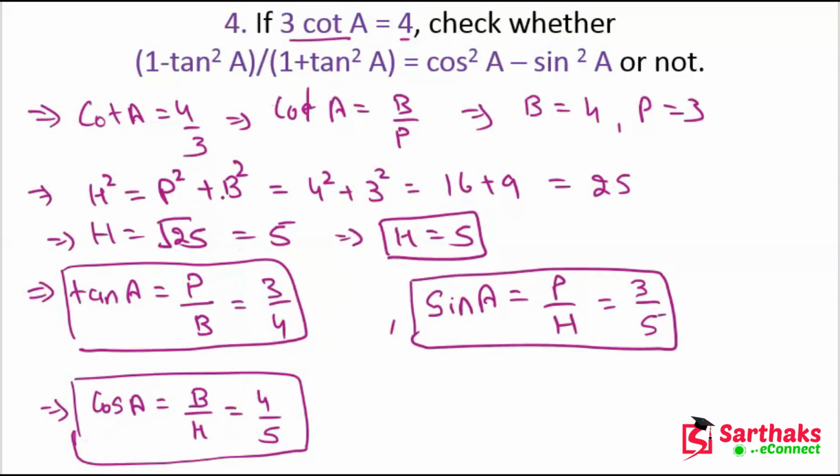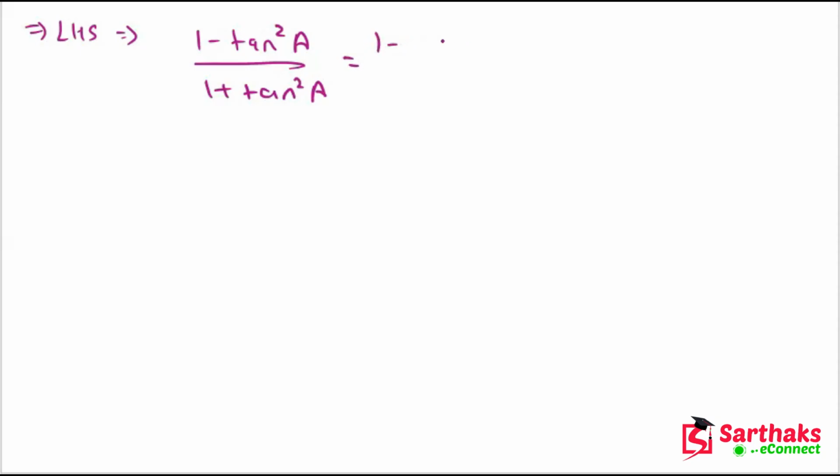Now we have to put the values in this equation. First of all, let's take the LHS part. We have LHS is 1 minus tan square A upon 1 plus tan square A, which is equal to 1 minus (3 upon 4) whole square upon 1 plus (3 upon 4) whole square.